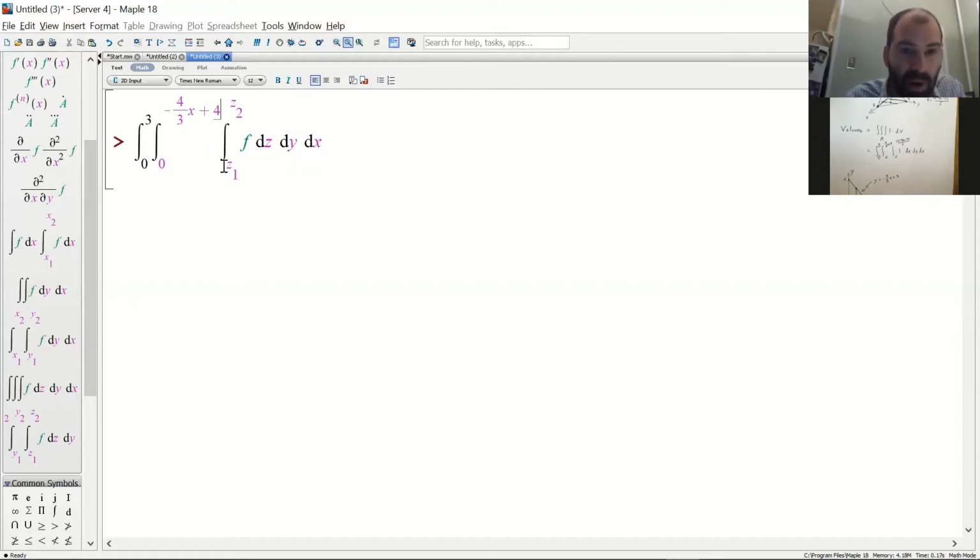And the z went from 0 to that fraction, 12 minus 4x minus 3y all over 6. The function that we integrated was 1. Make sure that you got dz, dy, dx. You may need to change those orders if necessary, but it's set up right.